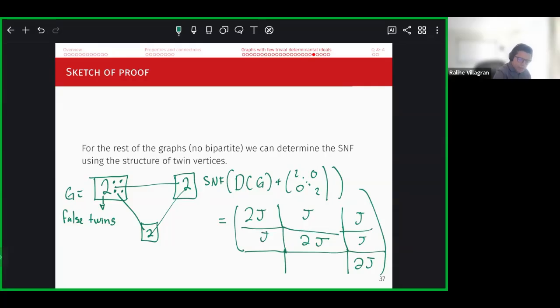So the point is that by using elementary operations, we can find that this is equivalent to just taking this graph with that evaluation.